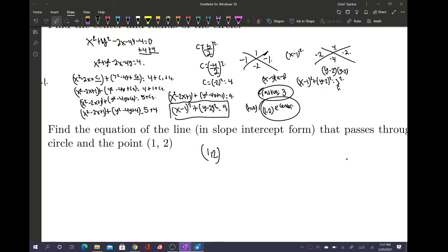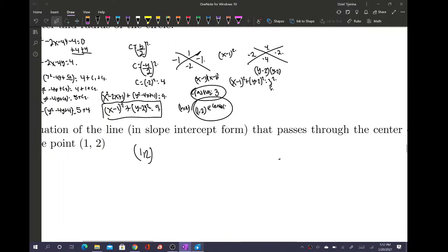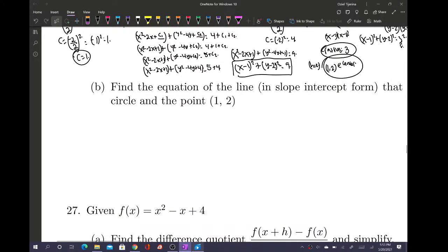Honestly, it's saying that it only passes through that point in the circle. Only that point. It cannot pass any other point in the circle. But the problem with that is that I'm not sure about this one. This one's a little bit weird.